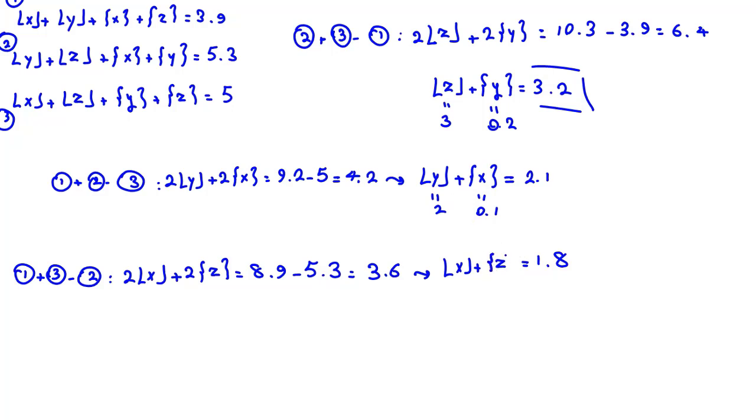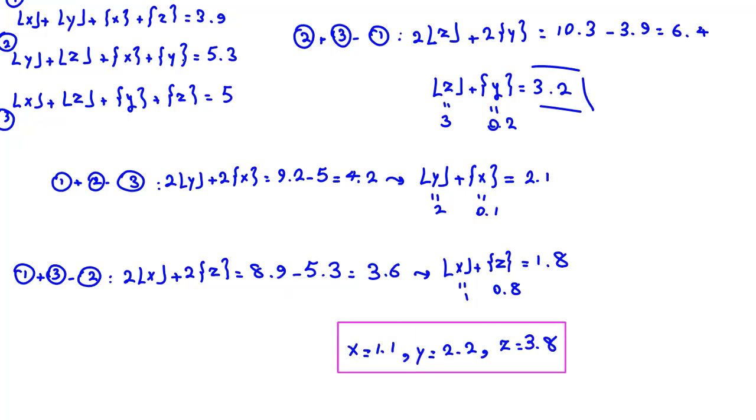So if we consider fractional part of z here, it's 1 and it's 0.8. Now, x will be what? Integer part plus fractional part, 1.1. y is what? 2 plus fractional part, 2.2. And z is what? 3.8. Okay, so we found x, y, z here.